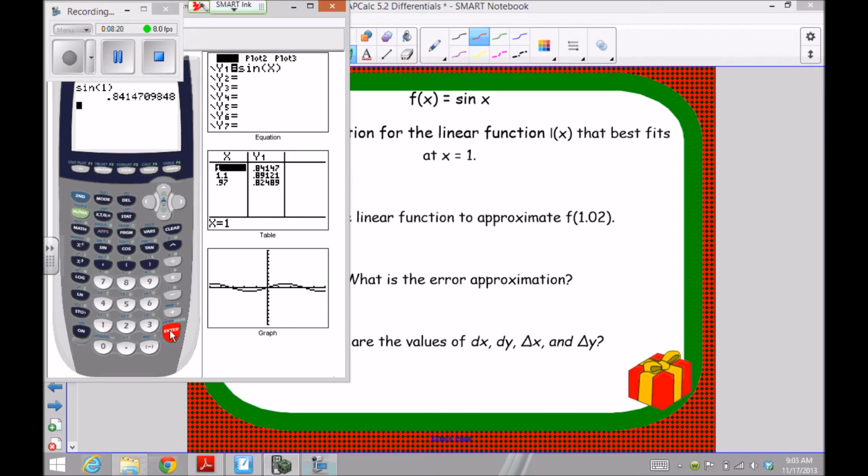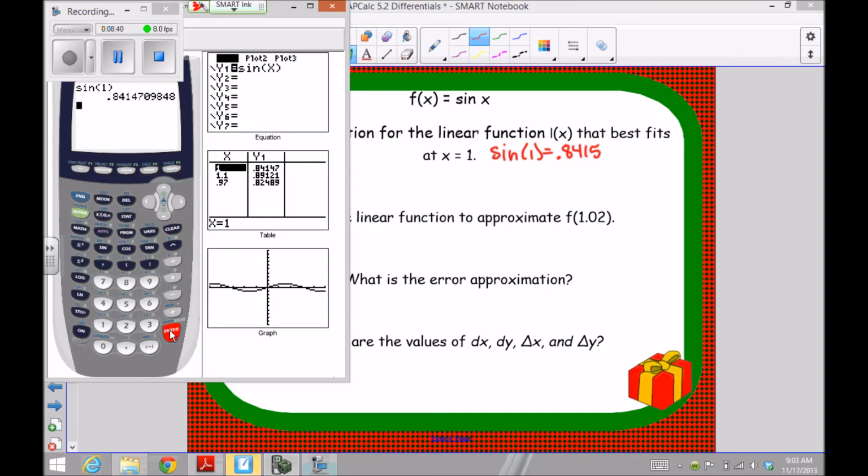So sine at 1 equals 0.8415. I'm going to go at least those 4 decimal places.